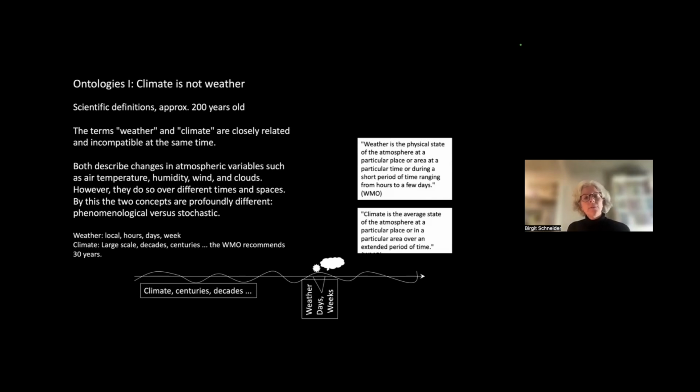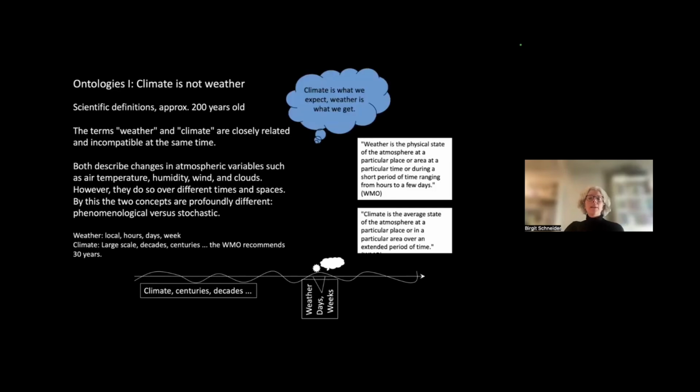It's a scientific definition which is 200 years old, and the terms weather and climate are closely related and incompatible at the same time, because both describe changes in atmospheric variables, such as air temperature, humidity, and so on, but they do so over different times and spaces. And so one could say climate is what we expect and weather is what we get.